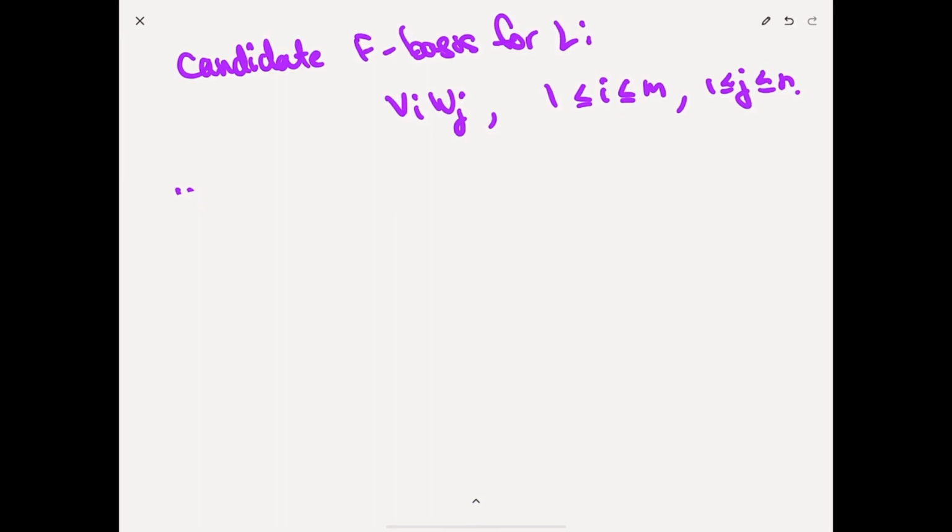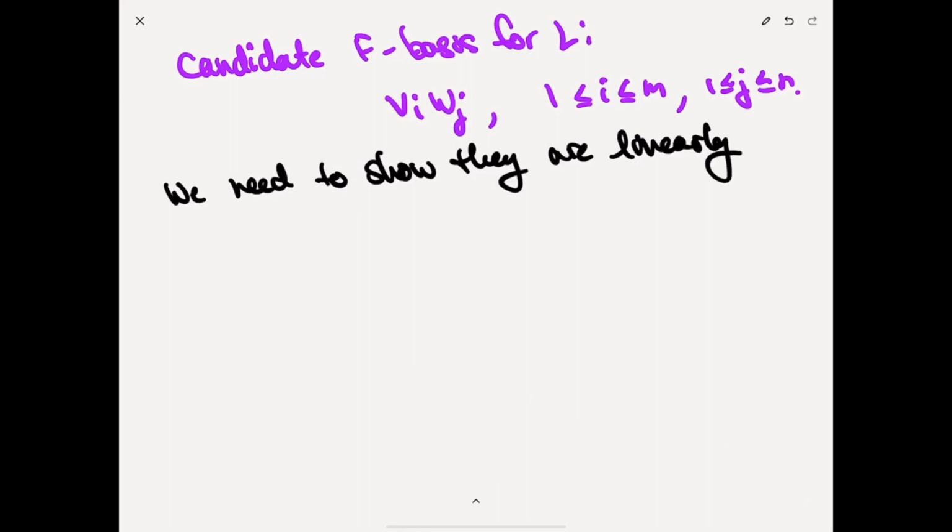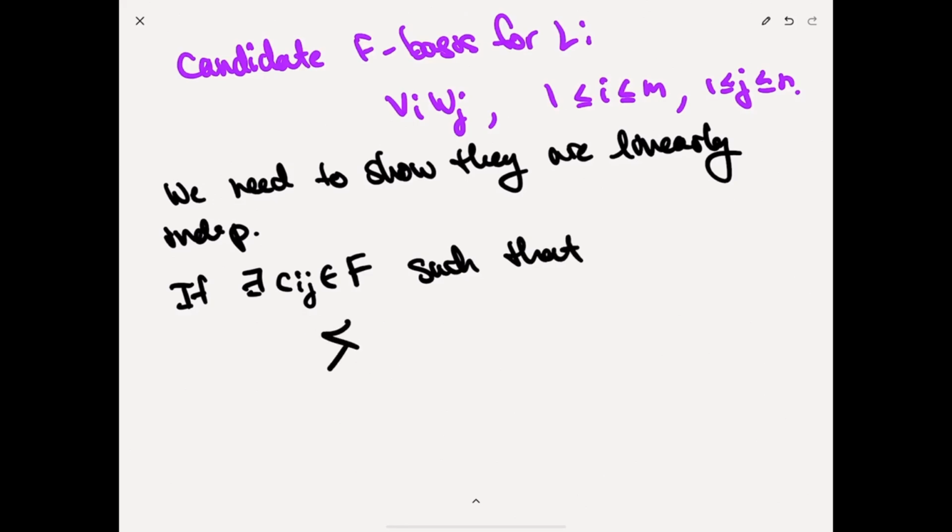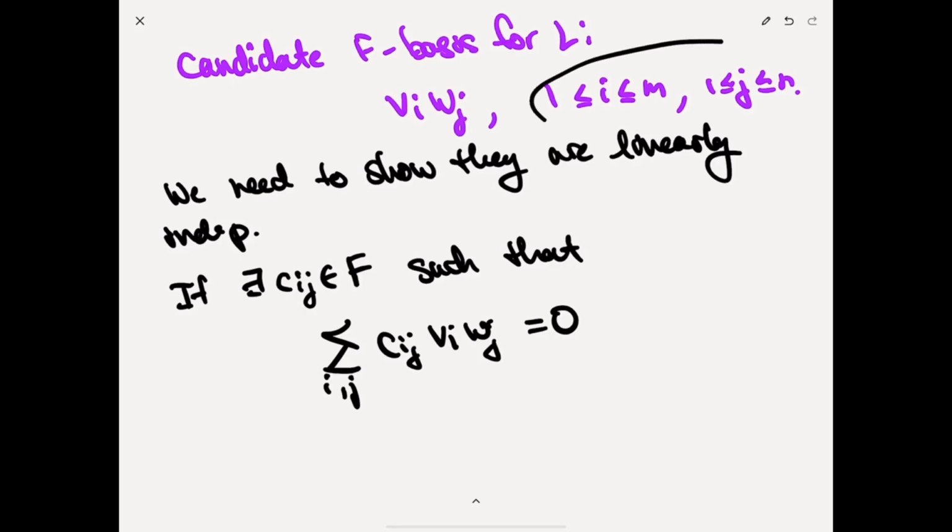So if not, if there exist some Cij's in F such that the sum of Cij Vi Wj is 0, where we sum over i's and j's in the range up here.